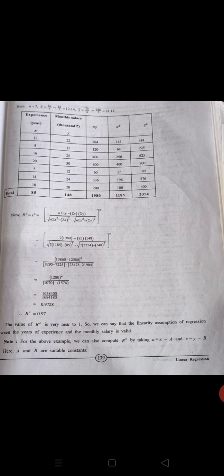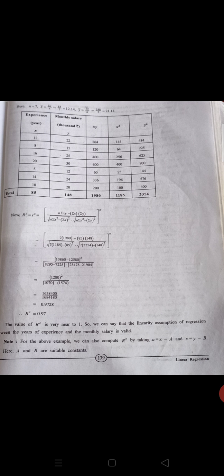So first we calculate sigma x, which is equal to 85. 85 divided by 7, because n is 7. So the answer is 12.14. Y bar is sigma y upon n. Total of y is 148. So 148 divided by 7 is 21.14.